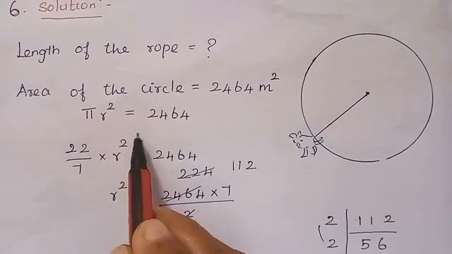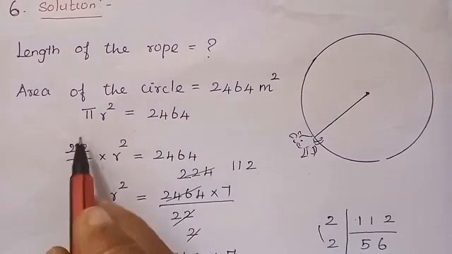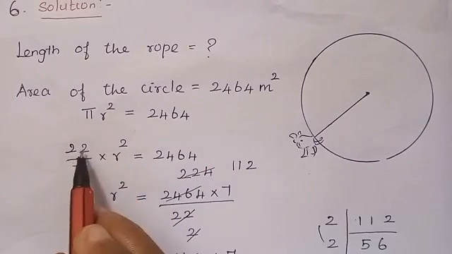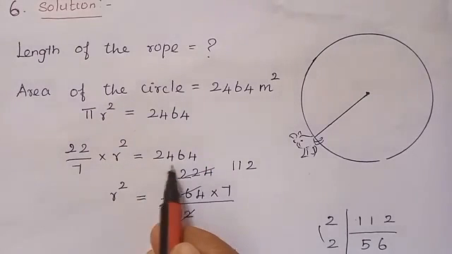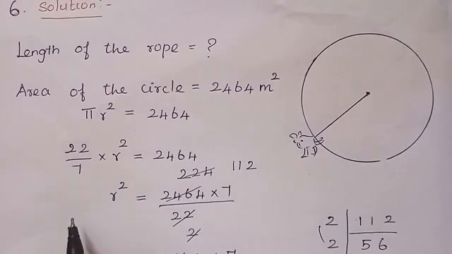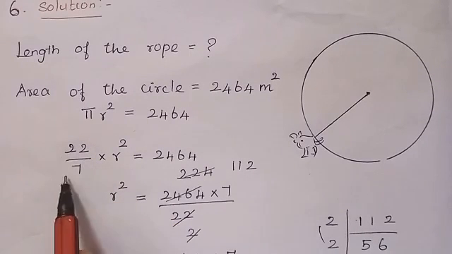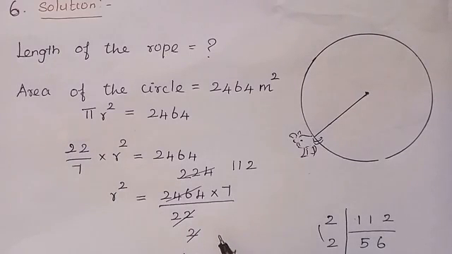Pi r square equals 2464. The value of pi is 22 divided by 7, so 22 by 7 into r square equals 2464. Then bring the 22 by 7 to the right side. So we write 22 in the denominator and 7 in the numerator. Next we can cancel the numbers.